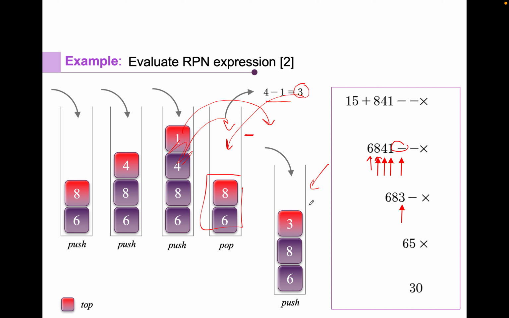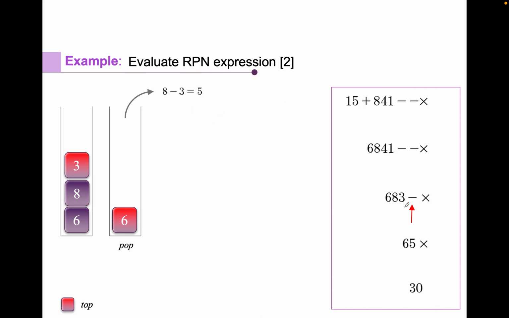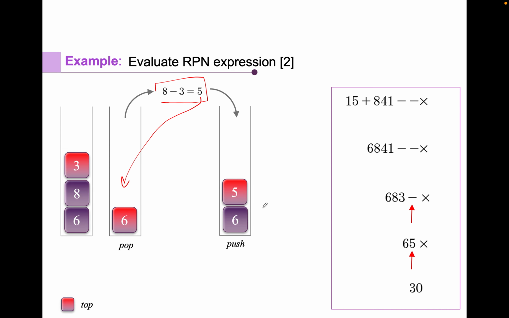Okay, now you can see there. When you have this, you scan again. After this, you meet an operation, so you pop again. 8 minus 3. You pop, and you have the value of 5, and you push it back inside your stack.